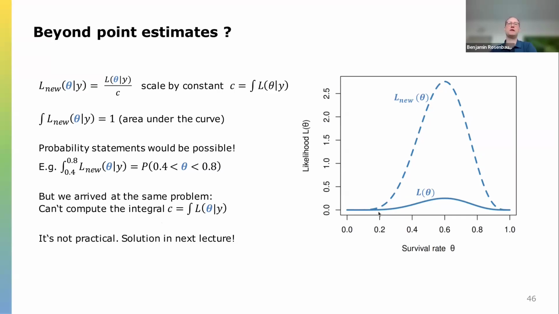It's not possible in any meaningful class of problems or applications. Okay, so this is not practical, but in the next lecture, we will see how we can find a workaround here. So for now, we will stick to maximum likelihood as a way of finding the best possible parameter of your statistical model and some given data.